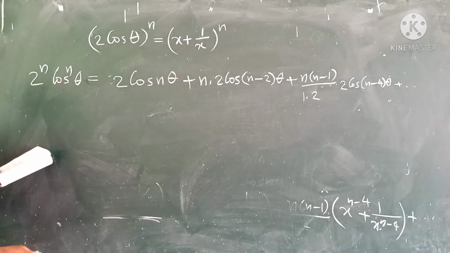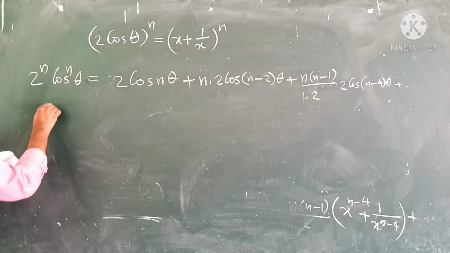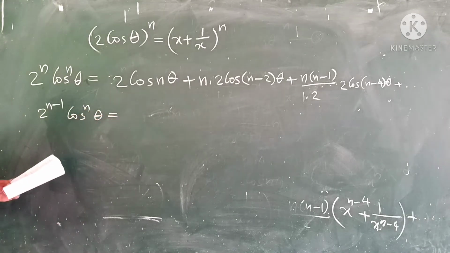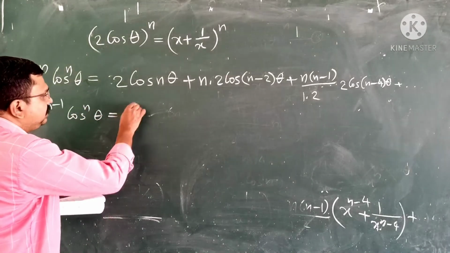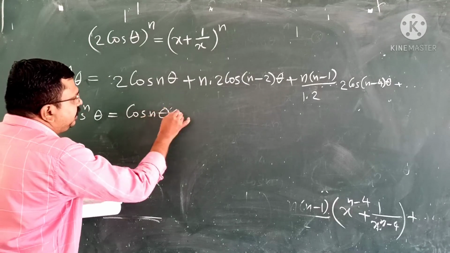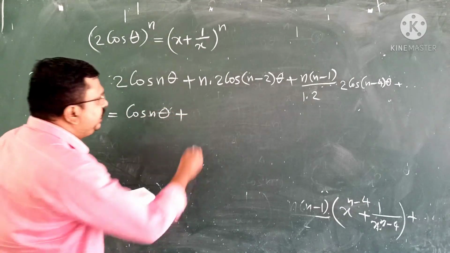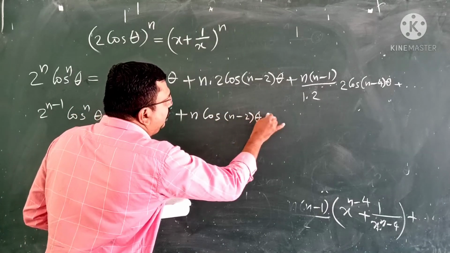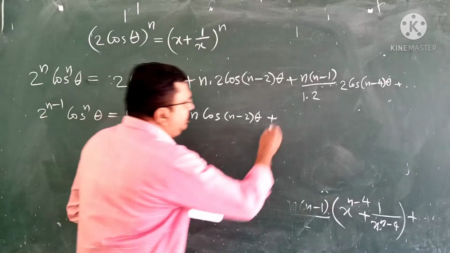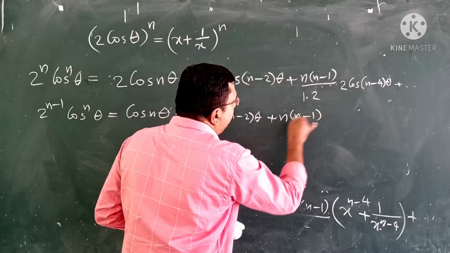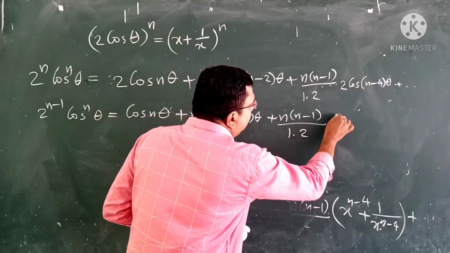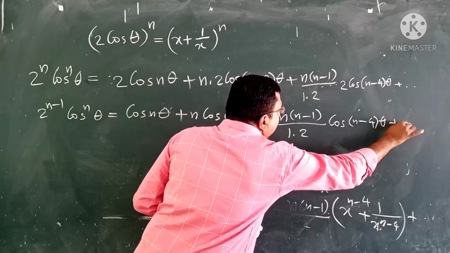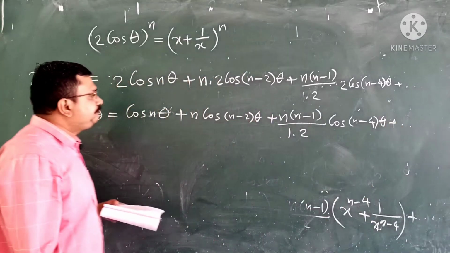Therefore it will become 2^(n-1) cos^n theta is equal to, 2 is cancelling, then the remaining is cos n theta plus n into cos (n-2) theta plus n(n-1) divided by 1 into 2 into cos (n-4) theta plus etc. Okay.